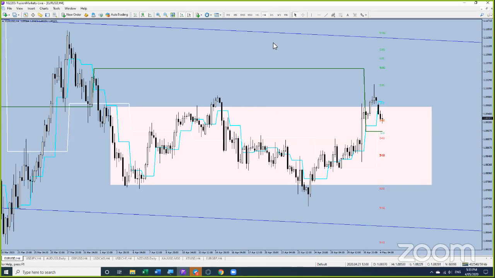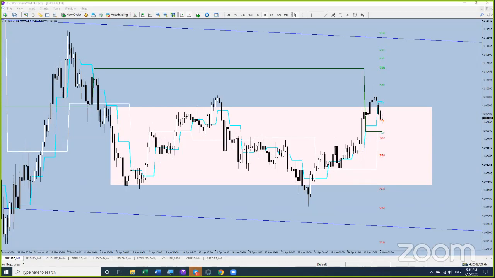Okay, we'll start with the good old euro, and it is pretty crystal clear to me what I need to do today, and that is see a lower high. Now, two possible ways I'd like to see this happen, but there are many others, of course.